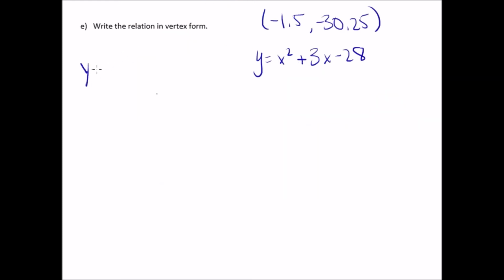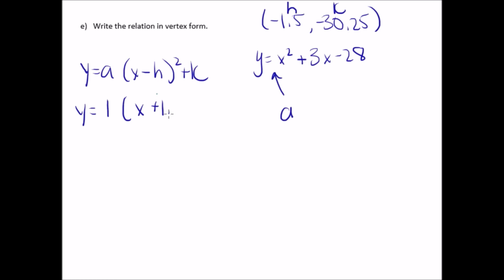Now, as a reminder, for part E, we sub these values right here into the vertex form of the quadratic relation. So we're going to get y equals 1, x plus 1.5 squared minus 30.25.